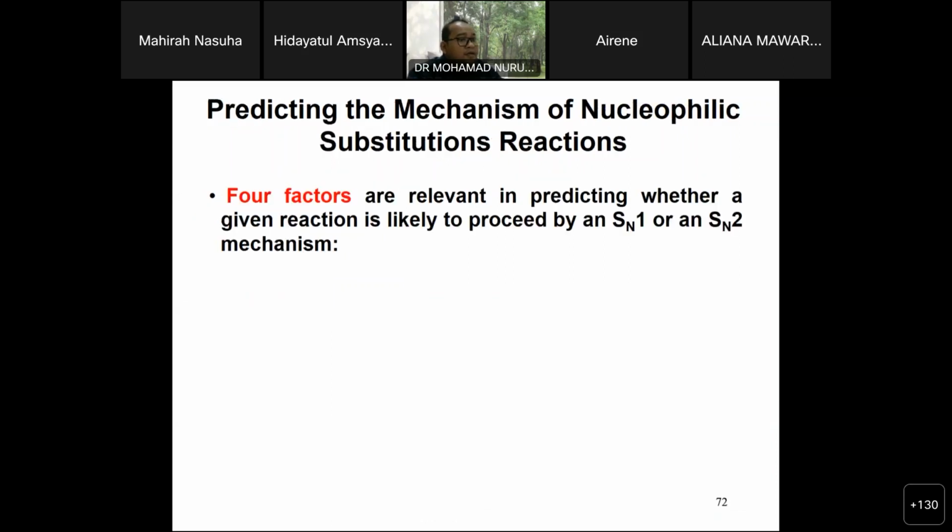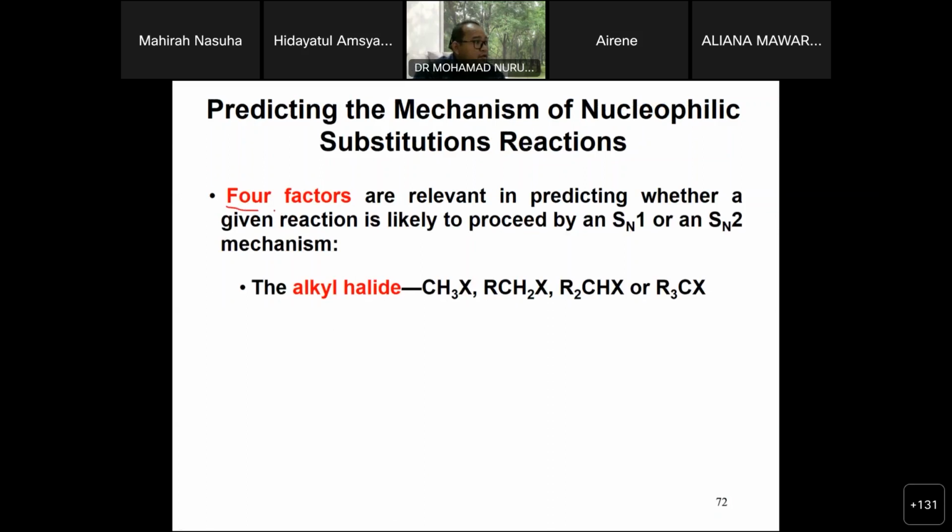Predicting the mechanism of nucleophilic substitution reactions, there are 4 factors relevant in predicting which mechanism is going. This is very important.